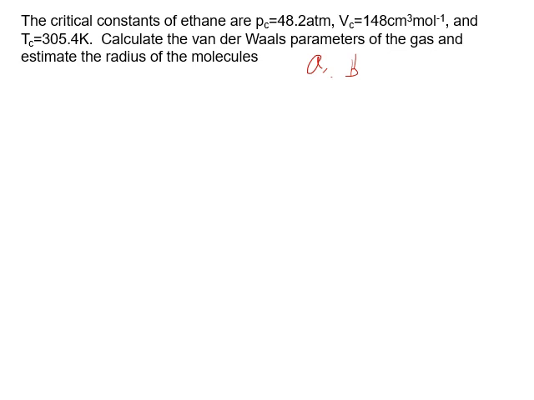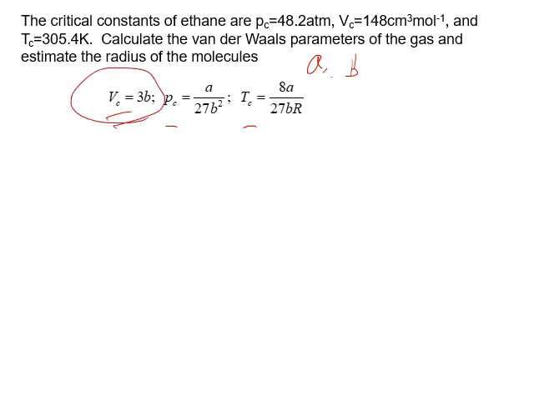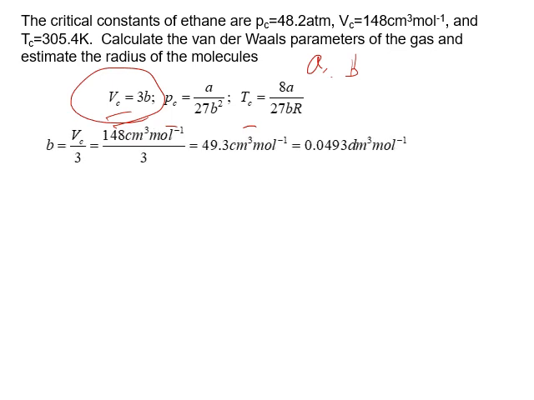So the Van der Waals equation theoretically predicts these critical constants: critical volume, pressure, temperature as functions of a and b. So from the first equation, we can calculate b if we know Vc, the critical volume. Similarly, using the second equation, we can calculate a. So a and b can be calculated.